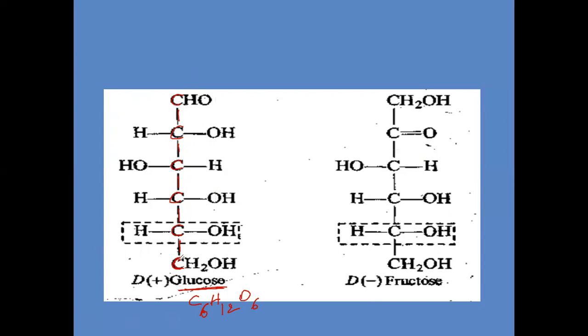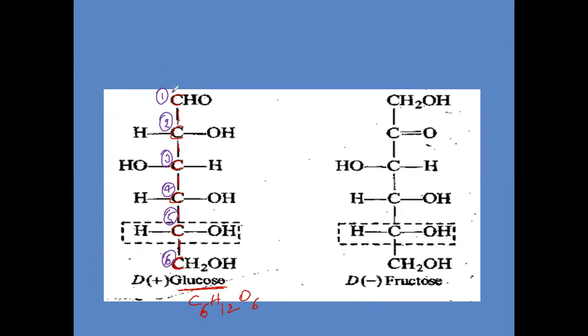Counting the first atom, second atom, third, fourth, fifth, and sixth, there are 6 carbons in the longest parent chain.